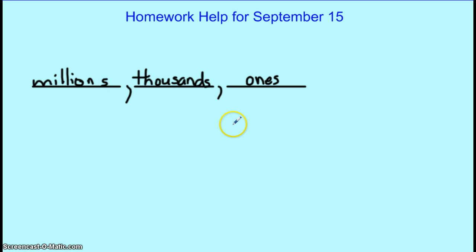Now, if you remember today, each of these sections is made up of 3 place values. And each place value pertains to that particular section.